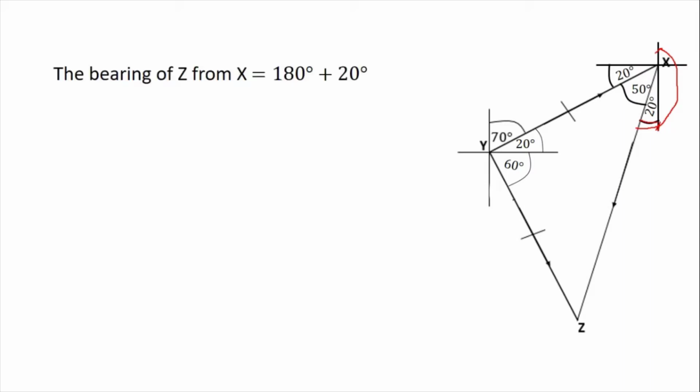From the diagram, the bearing of z from x is 180 degrees plus 20 degrees. And what is 180 degrees plus 20 degrees? We are going to get 200 degrees. So from this diagram, the bearing of z from x is 200 degrees.